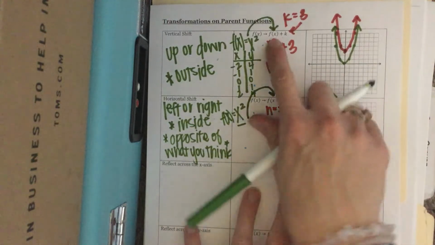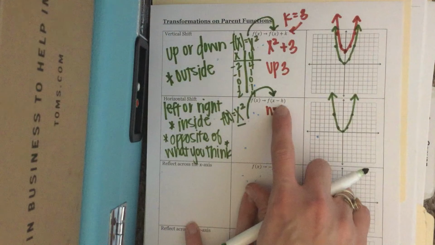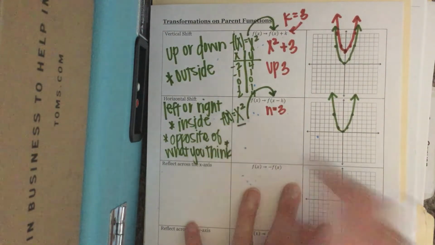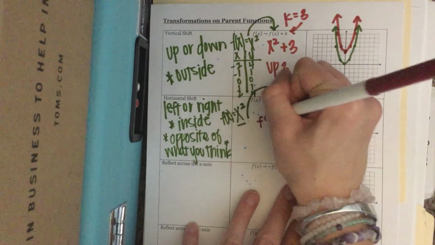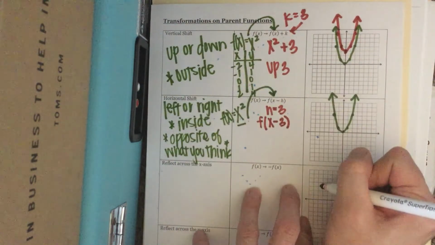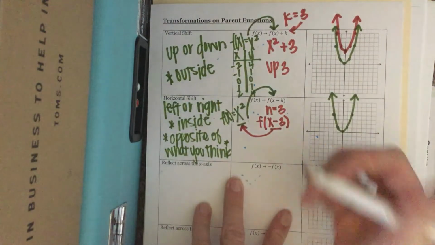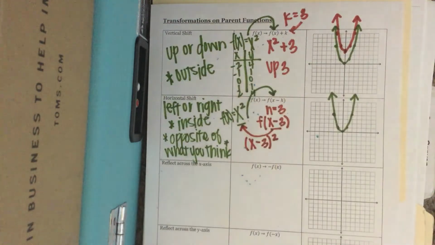Now notice up here, it just had f of x. Well, now we have x minus h. That's inside. This x minus h is going to replace that x right there. And since h is 3, this is going to be f of x minus 3. This is going to plug in where that x is. So this is going to be x minus 3 squared.